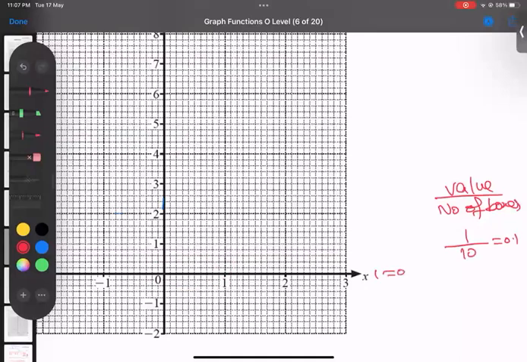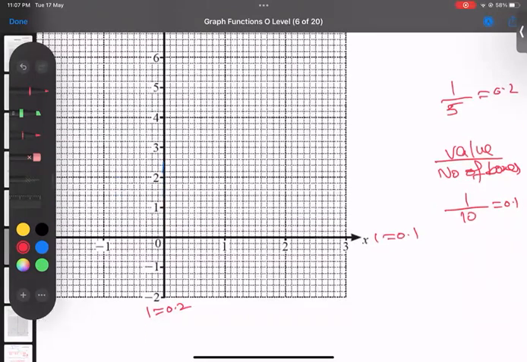So 1 box is 0.1. Here the value is 1, but the boxes counted are 5: 1, 2, 3, 4, 5. So 0.2. So 1 box is 0.2 and half a box is actually 0.1. Actually, we're looking for 0.1 specially.